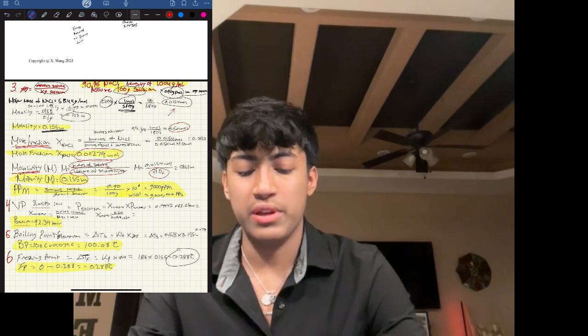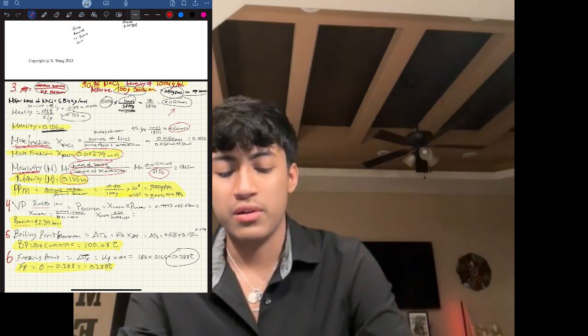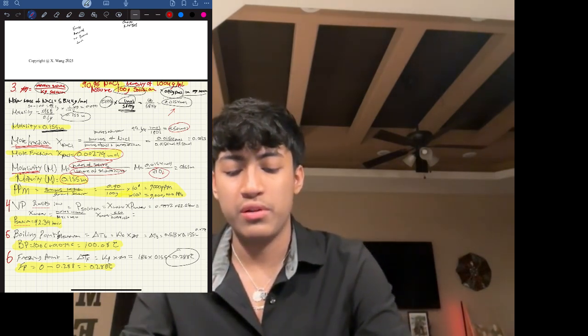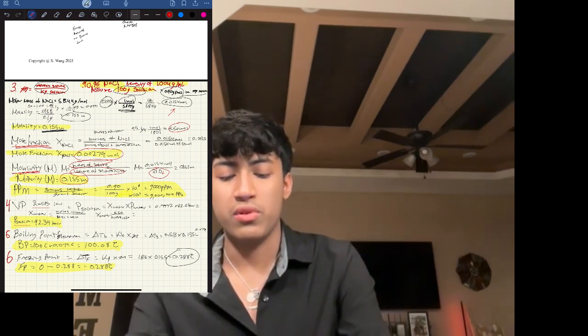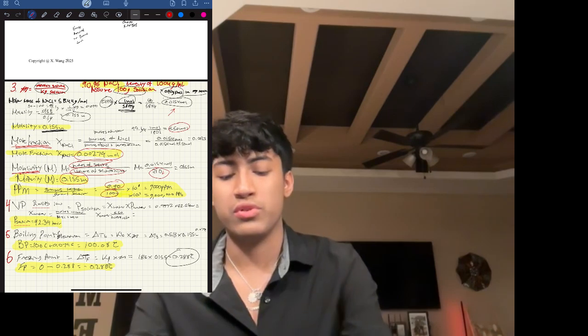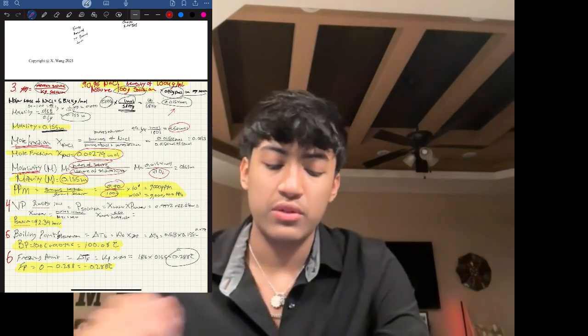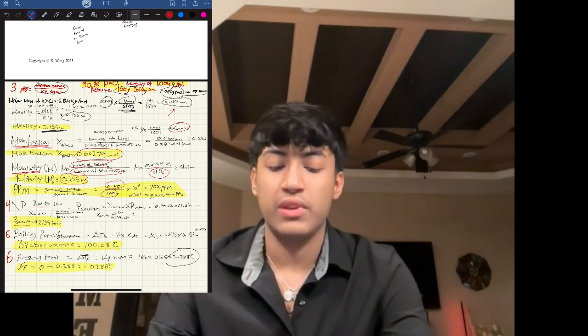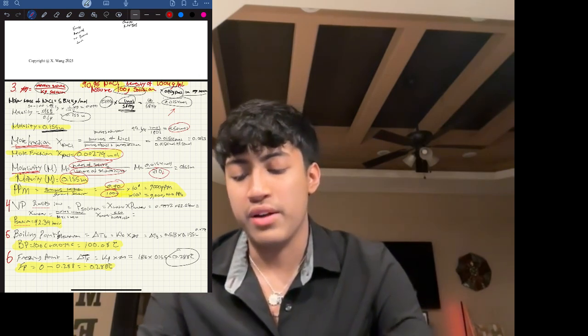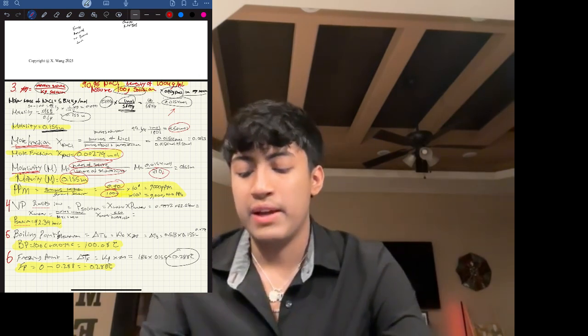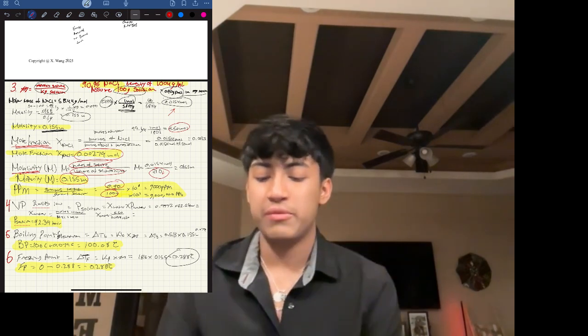So it'd be the mole of sodium chloride over the weight of the solution, which is 0.1. So that would equal 0.155 molarity.